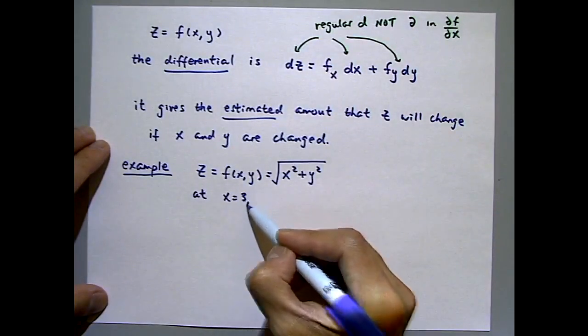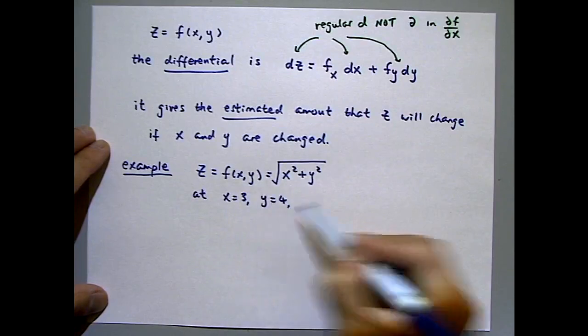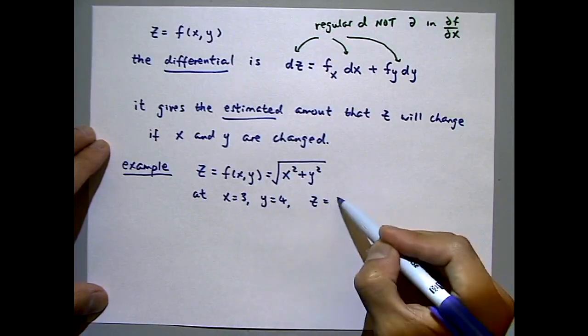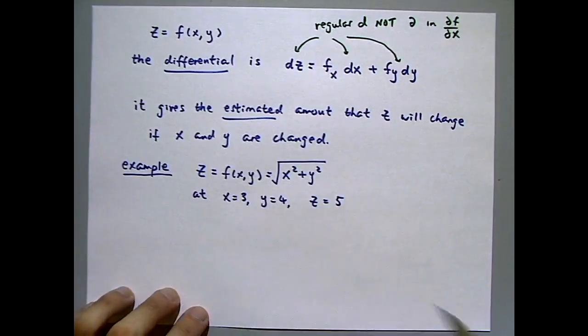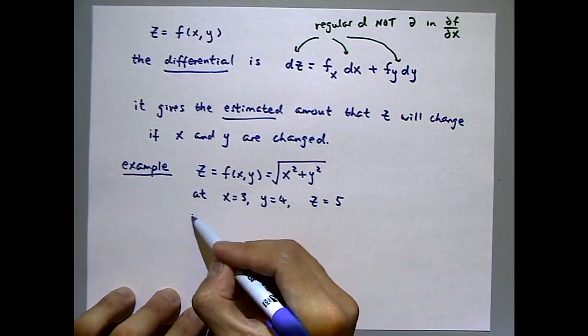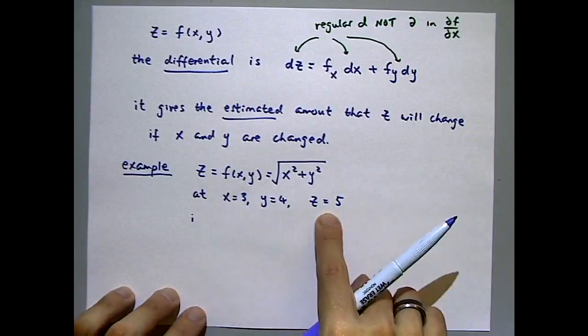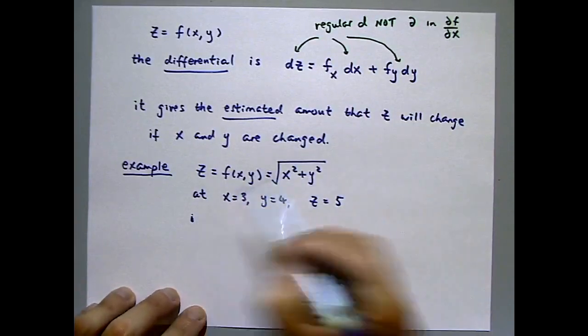At x is equal to 3, y is equal to 4, z is equal to 5. Now suppose we don't know what the true value of z is.